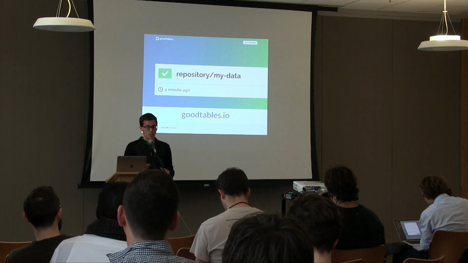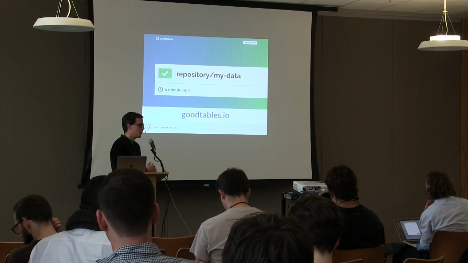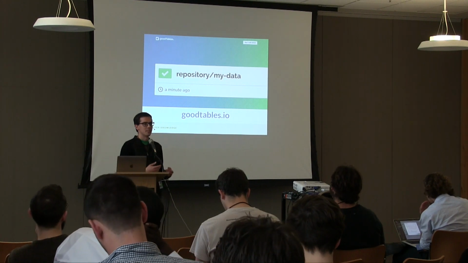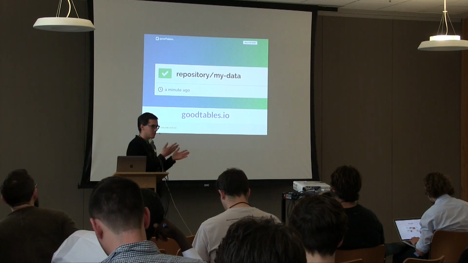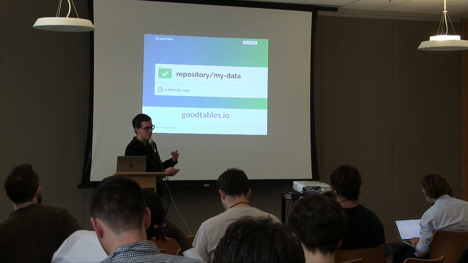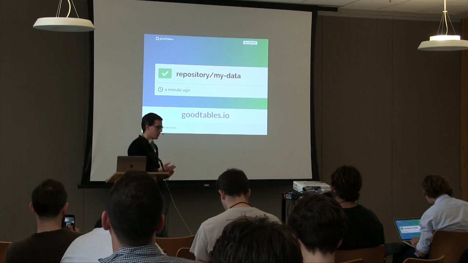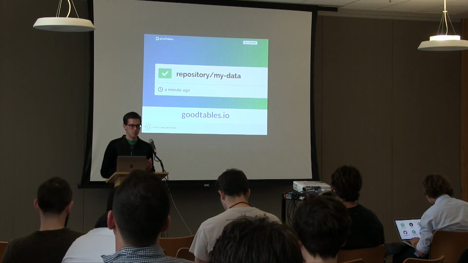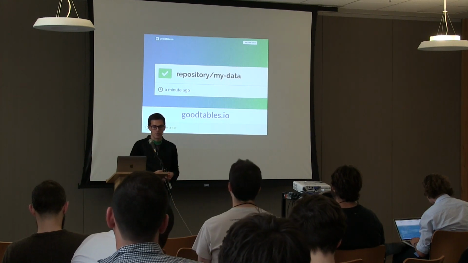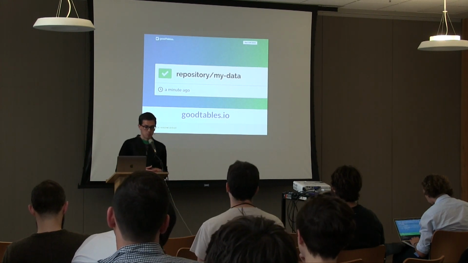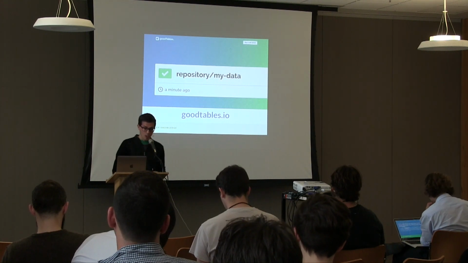It is called goodtailors.io, and it builds on top of well-established and mature frictionless data tooling, and is basically designed to connect to different data sources, and whenever data is updated on these sources, validation jobs will run, and the data publishers will get notified if the data is incorrect in some regard with respect to these checks.